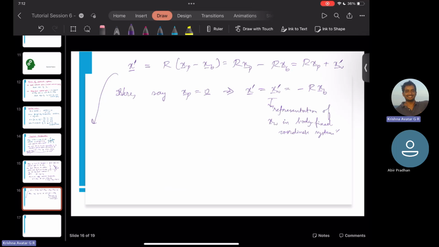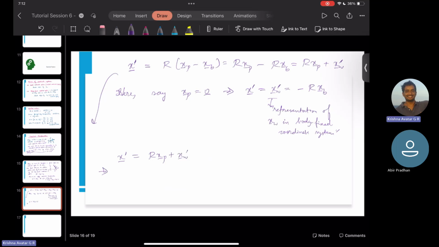And say moving back, if you want to express XP in terms of the quantities that are well known now, we have X prime is equal to R XP plus XW prime.